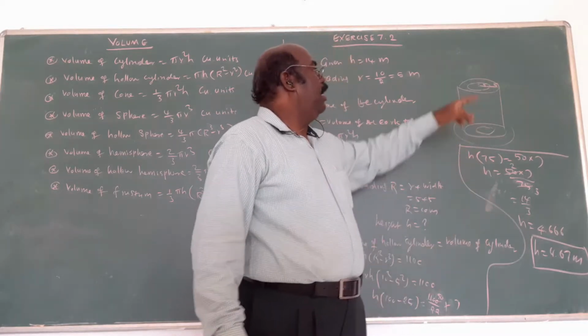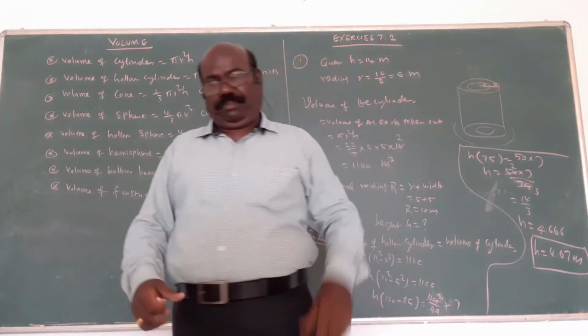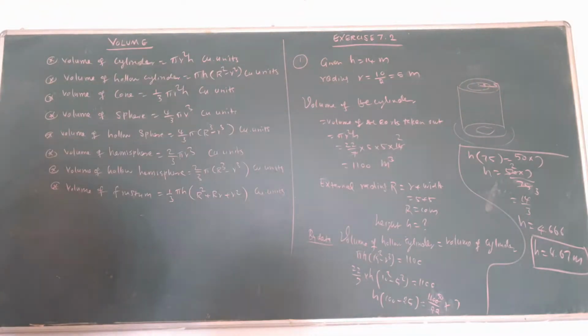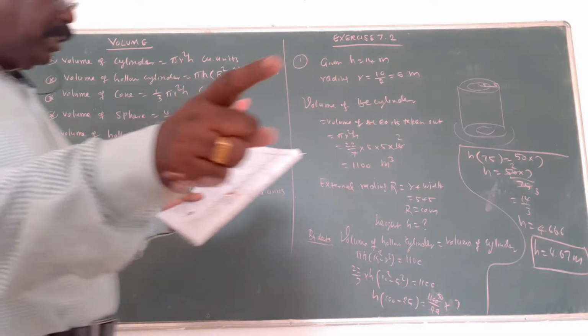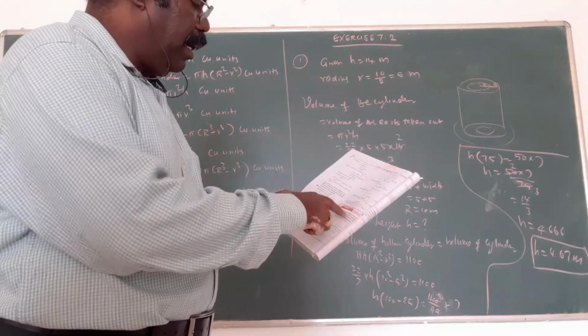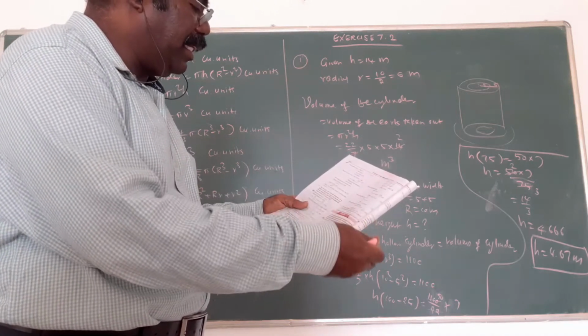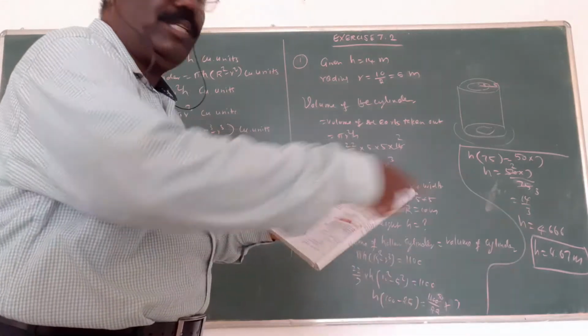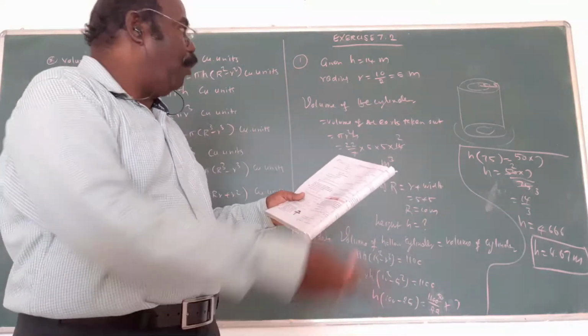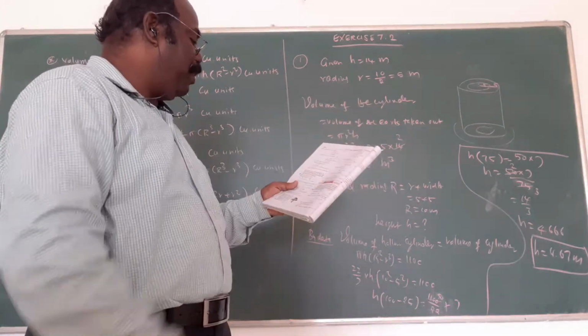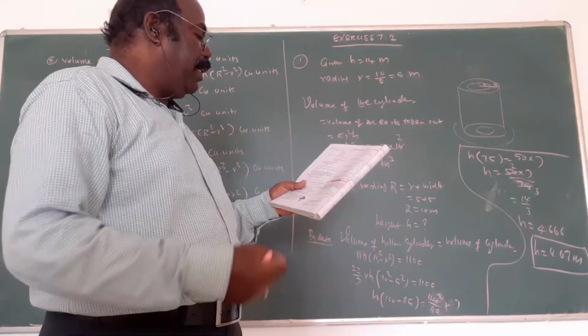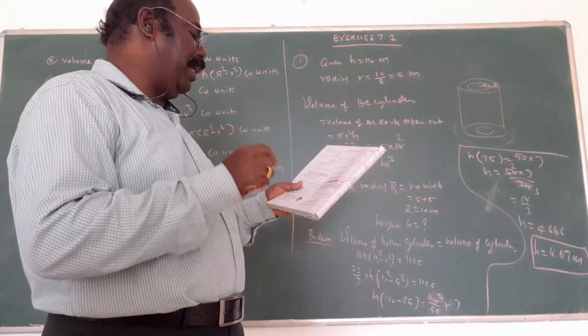Now, the sand that will be removed from the well: 14 meter deep, 10 meter diameter is dug and the earth taken out is evenly spread outside the cylindrical well, around the well, to form an embankment of width 5 meters.